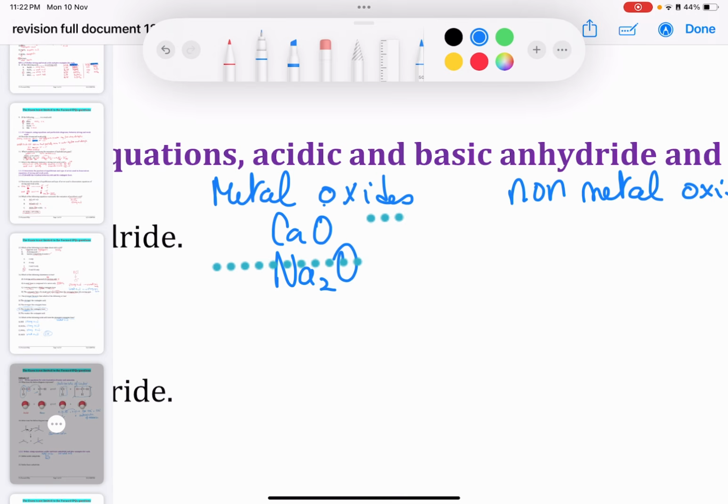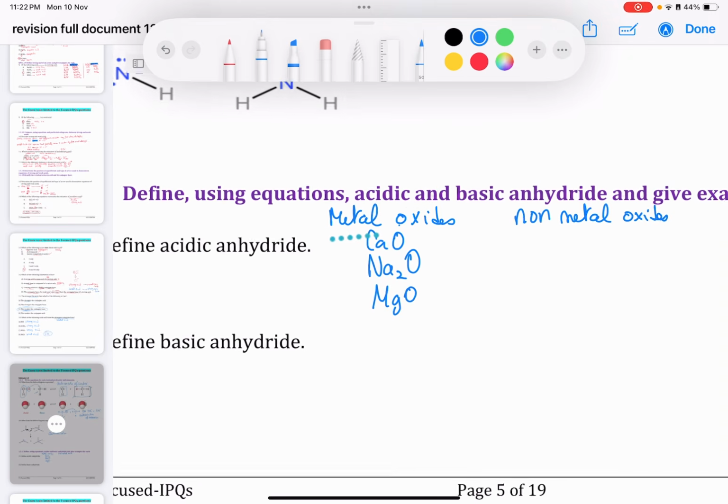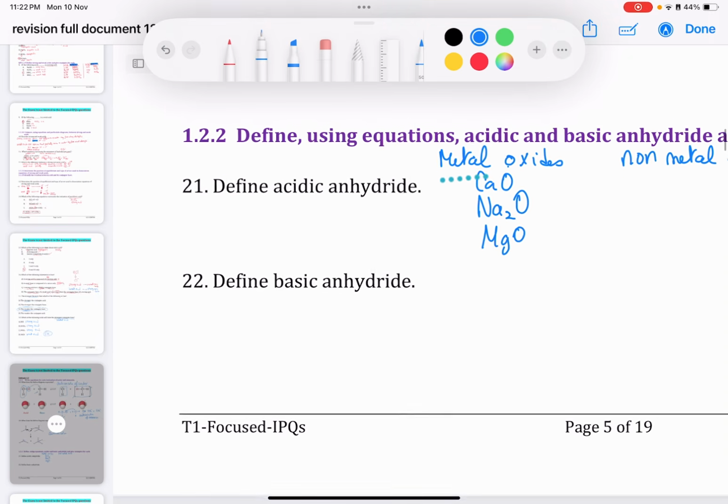So these are metal oxides. When they react with water, they form a base. So that's why we call a metal oxide a basic anhydride.